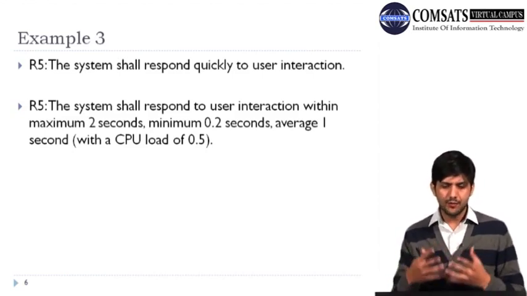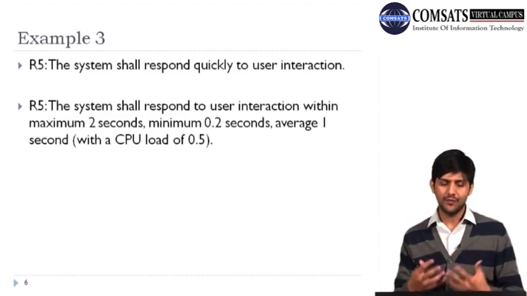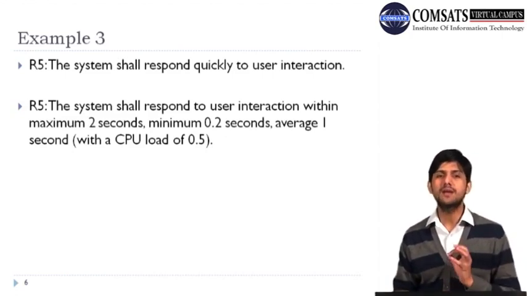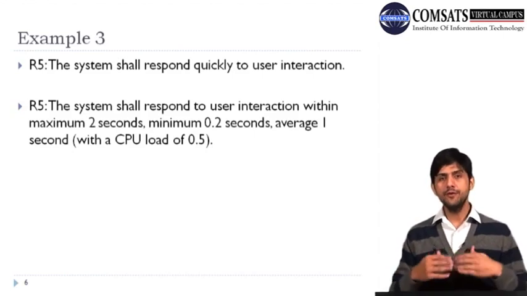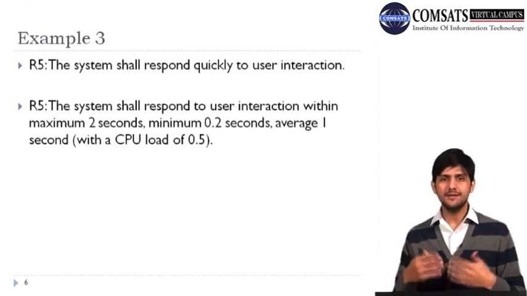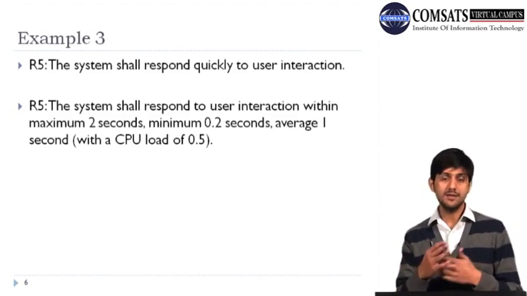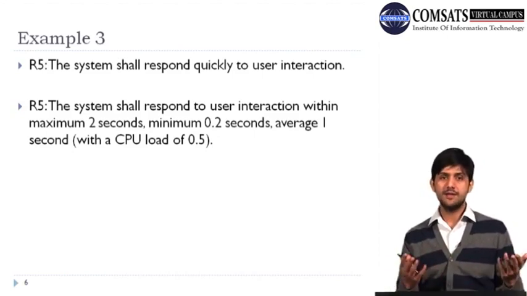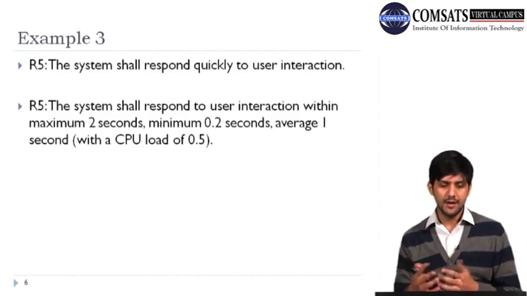So what we can do here is specify this requirement in a quantitative fashion, and what we can write is the system shall respond to user interaction within a maximum of 2 seconds. Now it is testable, because before going to the client, we will ensure that it responds to all user interaction within 2 seconds. If it does not, then it does not satisfy this requirement, and if it does, then the client cannot say that this is not quick interaction.